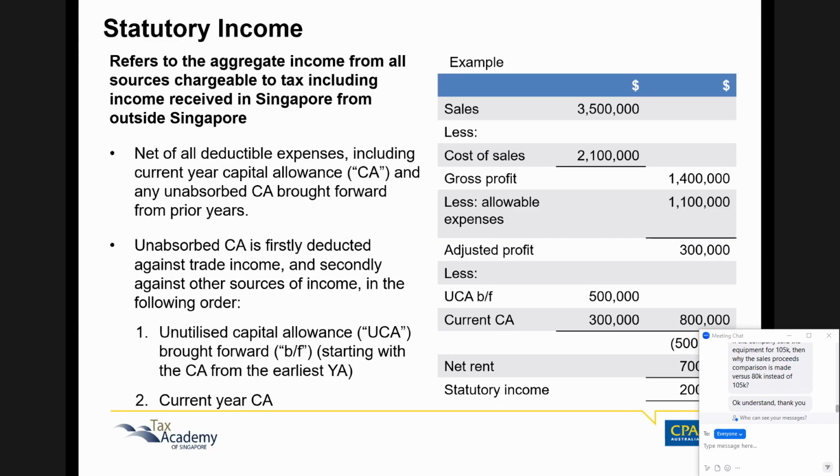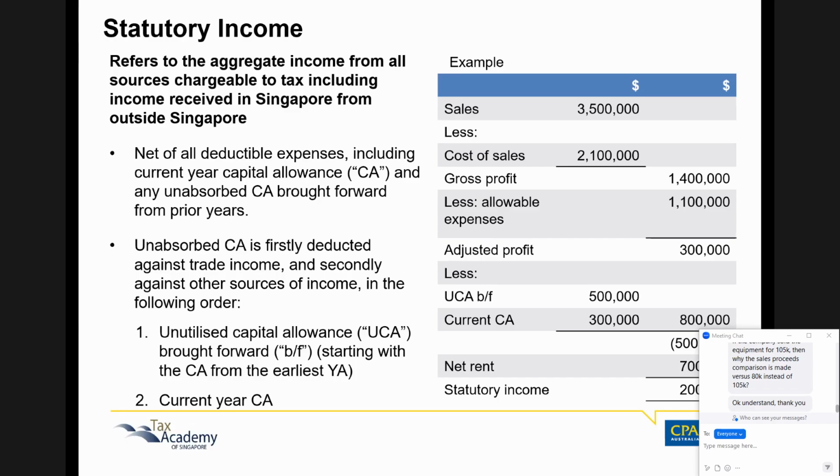And what this is also saying is that if you have unutilized CA, meaning last year, let's say I had CA but my income was not enough to offset, so I have excess CA, this CA can be carried forward into the following YA. If I have unabsorbed CA, if you look at that table, before I deduct the current year CA, I will deduct the unabsorbed CA first, subject to rules.